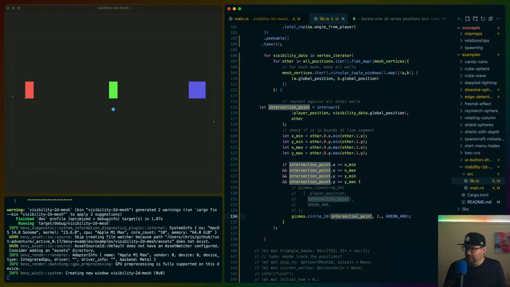Gizmo circle 2D. So this intersection point also has to be in the right direction. Can we do direction by testing for slope? Like the directions have to be the same, right? So the direction for this and the direction for other have to be the same.